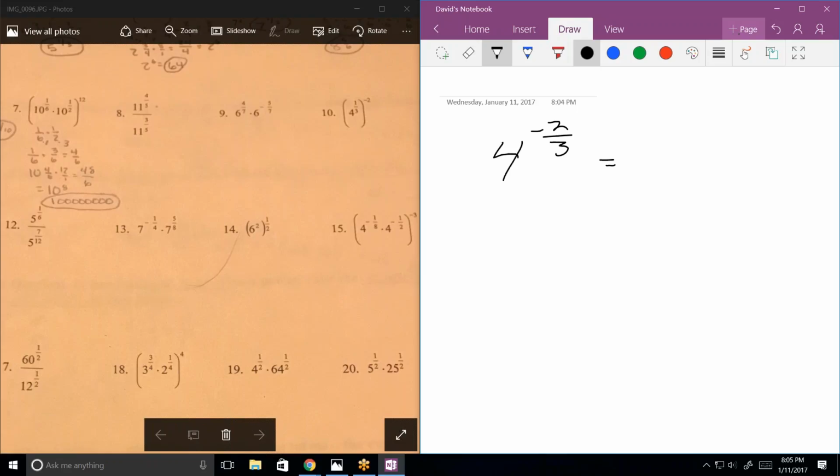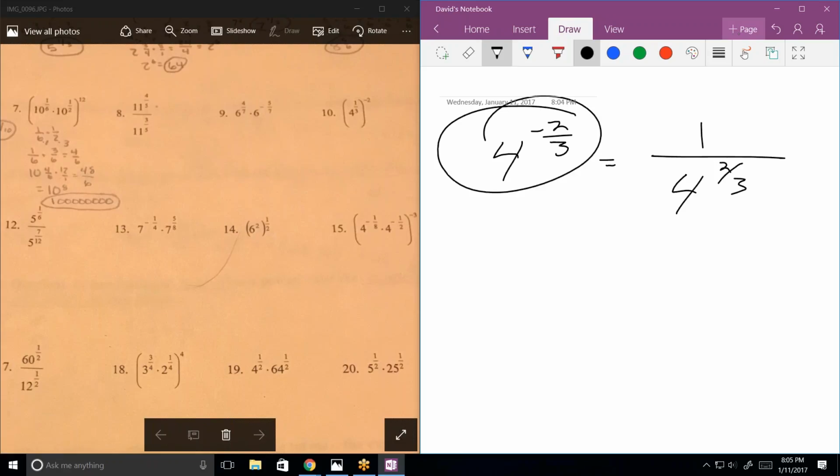Not over minus. In other words, once you flip it to the other side, it turns positive, because no negative exponents. That's the only reason we did it. If we could live with negative exponents, we'd have left it like that. And these are the same numbers, incidentally. They're not different numbers.